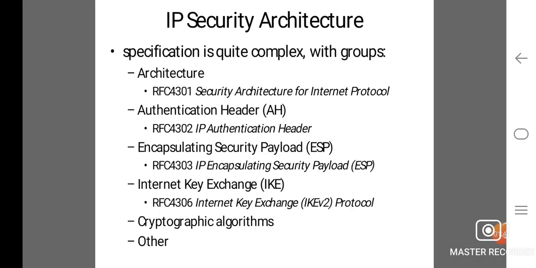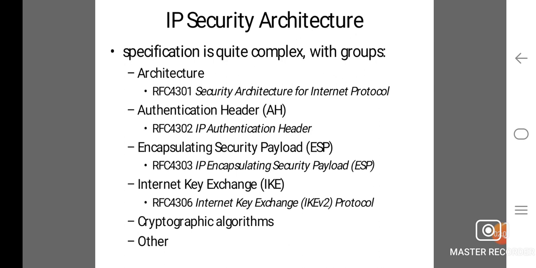IP security architecture specification is quite complex, with groups. In the architecture, RFC 4301 is the security architecture for the internet protocol, and the authentication header AH is RFC 4302, IP authentication header.